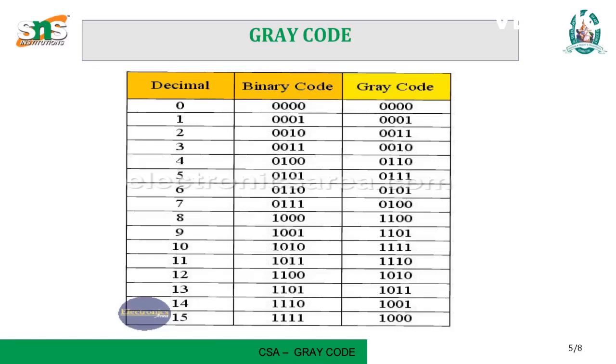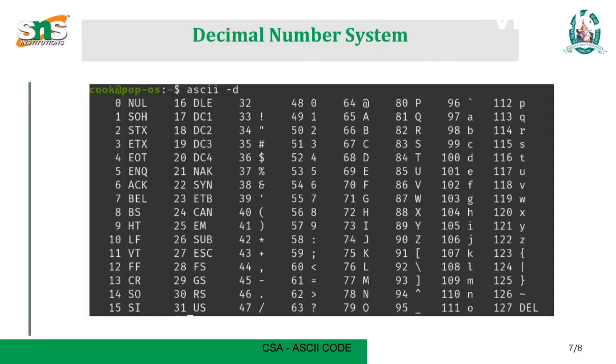Likewise you can do it for the remaining decimal numbers also. Now, as you all know, the ASCII code. Every value will have an ASCII. For example, special characters, we have decimal numbers, binary numbers, and special characters.